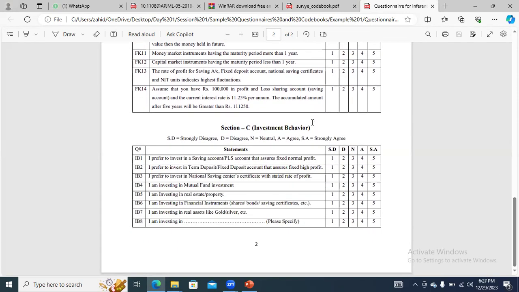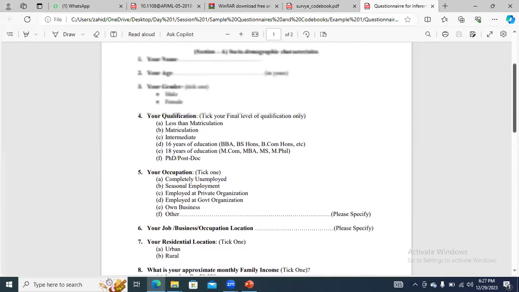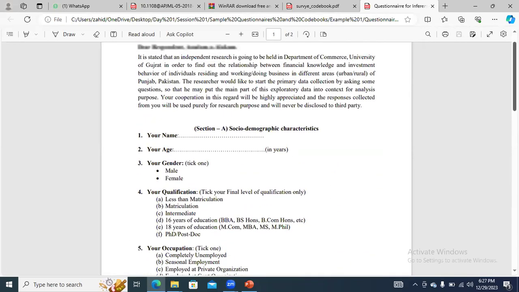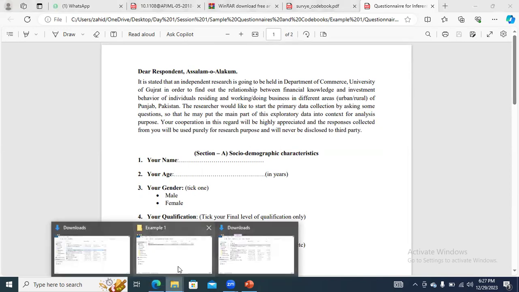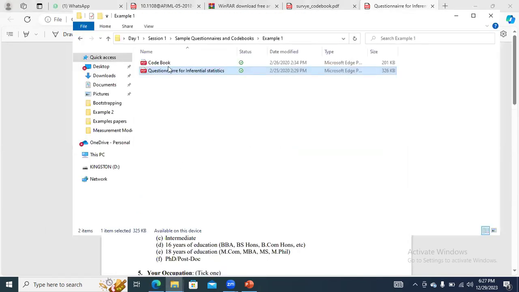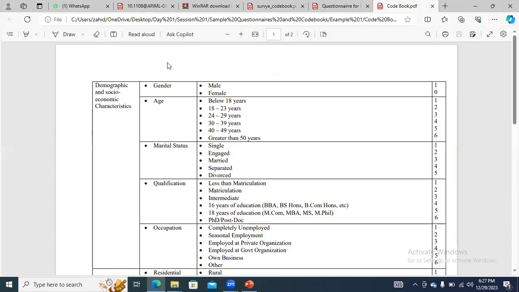In the same way, I would like to ask for the information related to my dependent variable. So if I need to codify this detail, how can I do that? I have prepared a code book and an exemplary code book for this purpose.